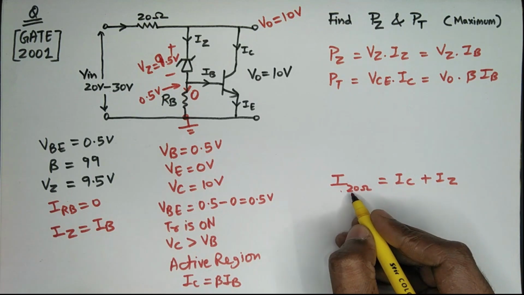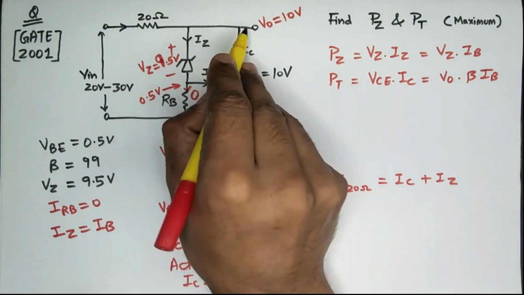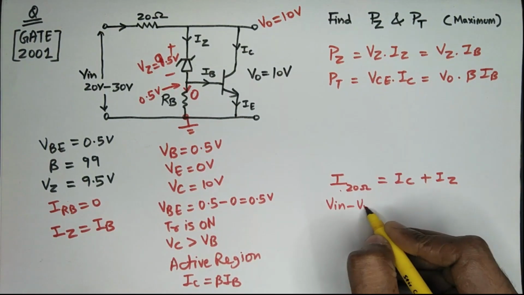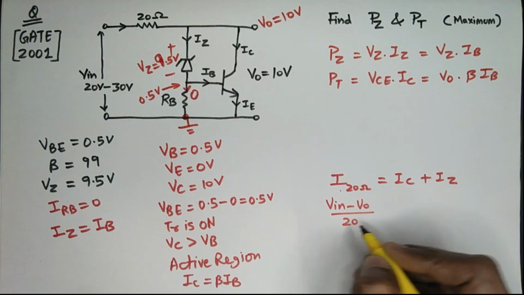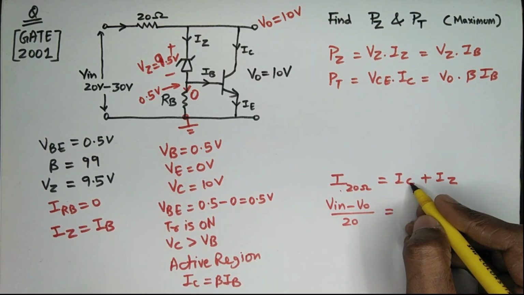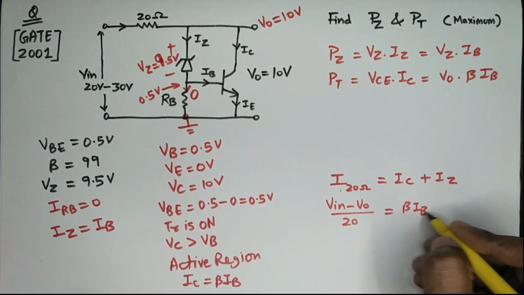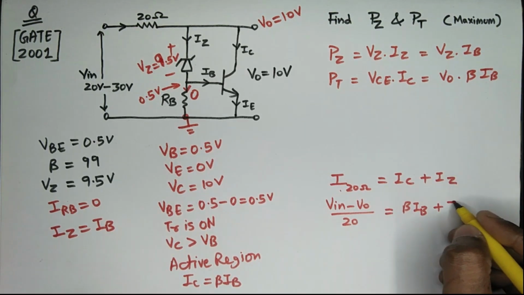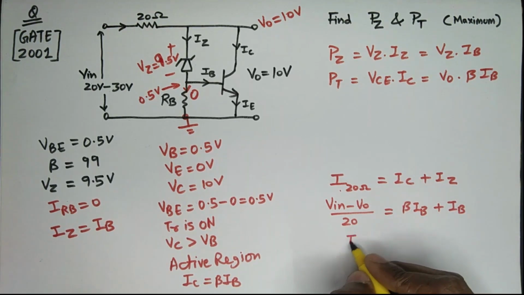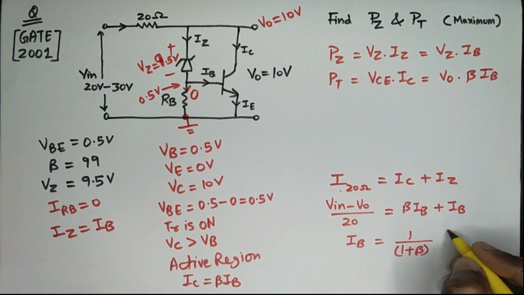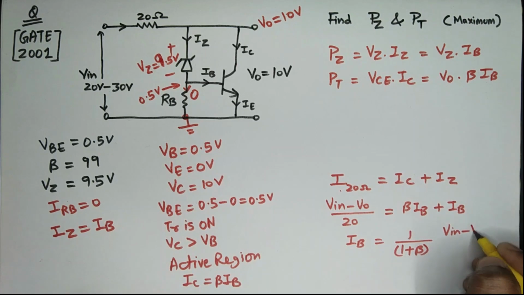Now the current through 20 ohm can be written as Vin minus V0 upon 20, where IC is equal to beta IB and IZ is equal to IB. Now IB can be written as 1 upon 1 plus beta times Vin minus V0 upon 20.